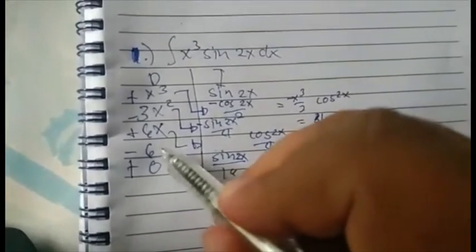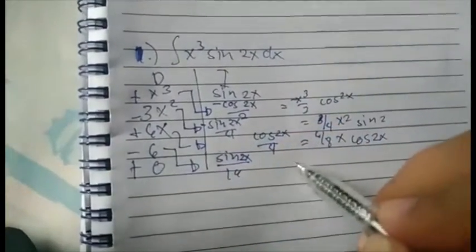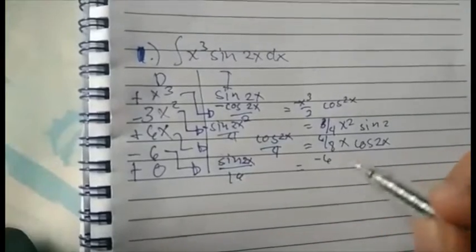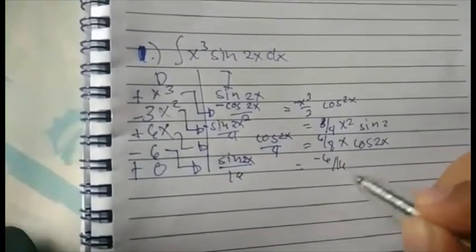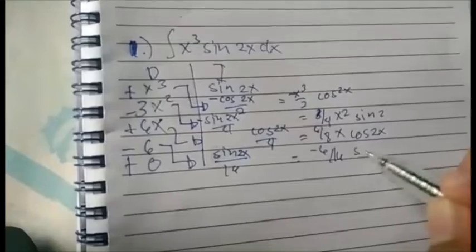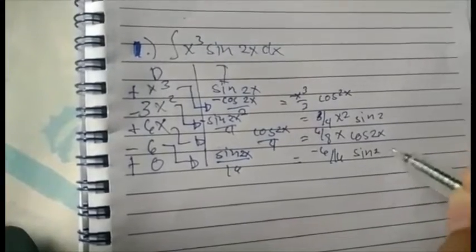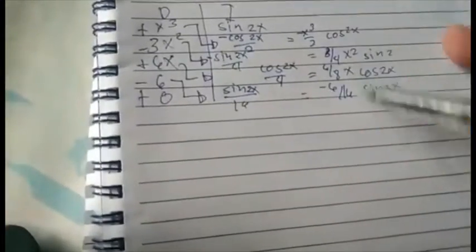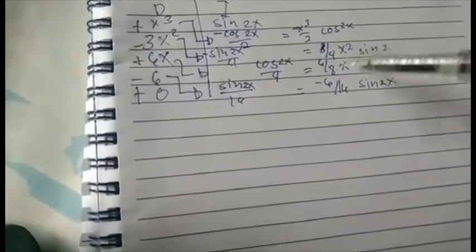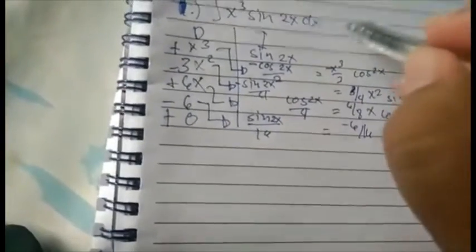Then this negative 6 that we solve here will be negative 6/16 sine 2x. Then all of this right here, we are going to copy it. That's the answer of this.